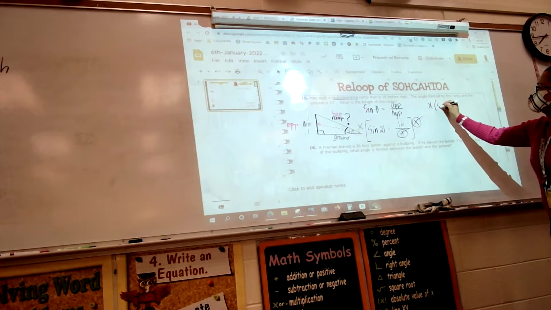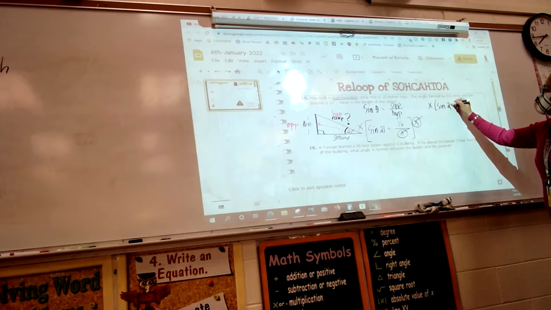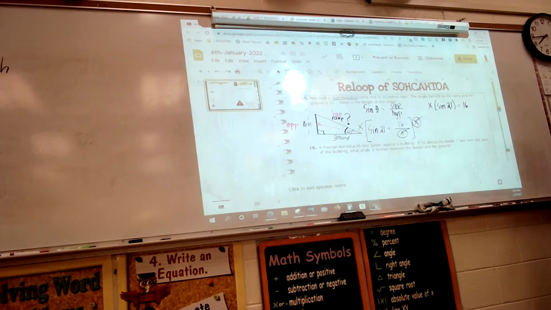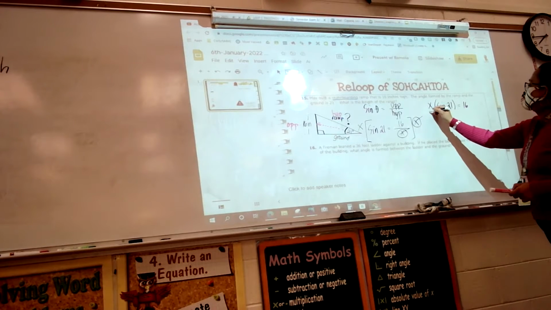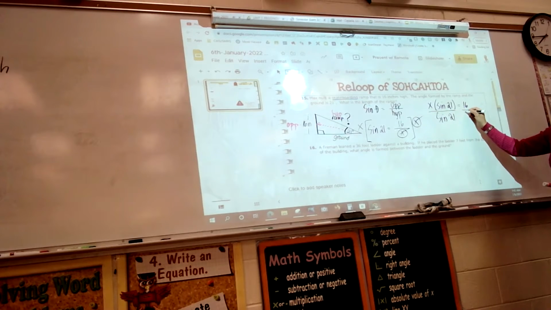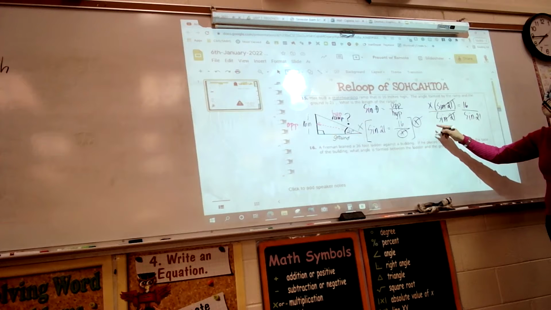That becomes X sine of 21 equals 16. But I am solving for X, so what will I do? Divide by sine, not sin. Remember, not sin. Divide by sine 21, so we can make the X isolated.